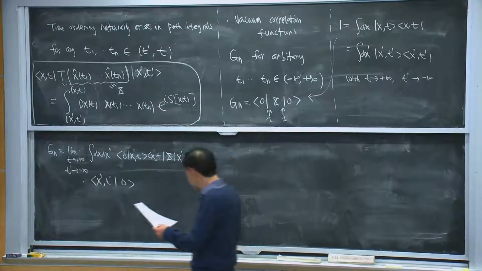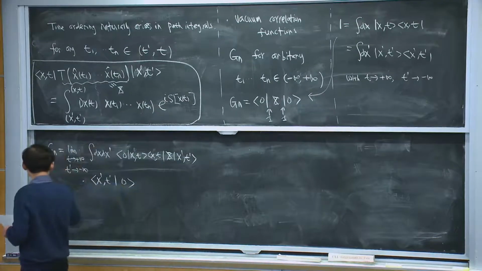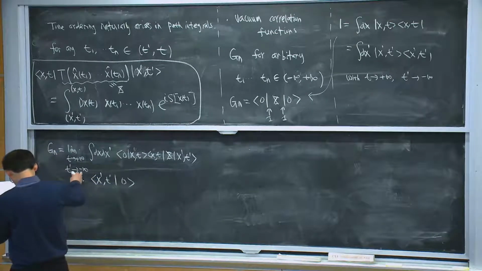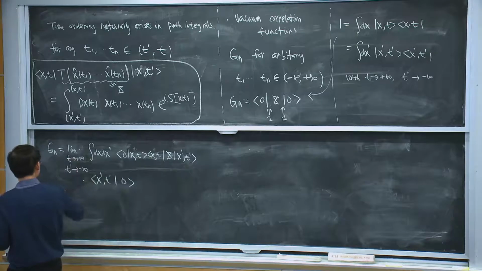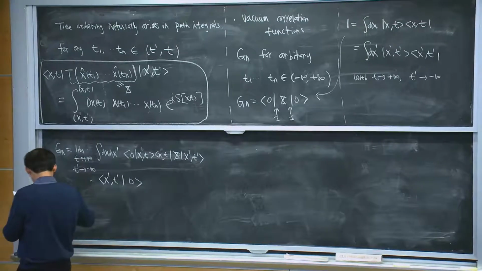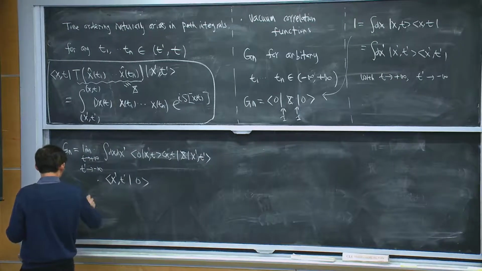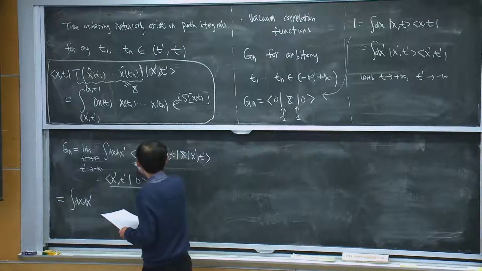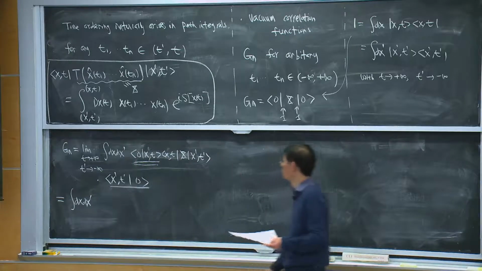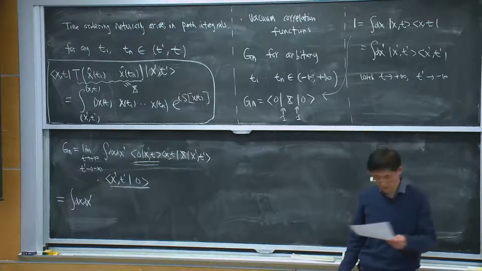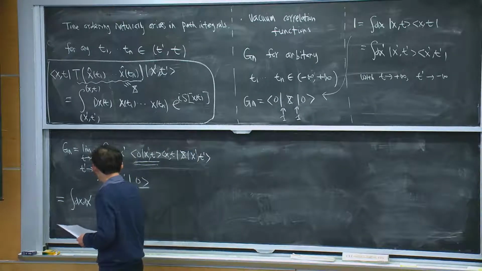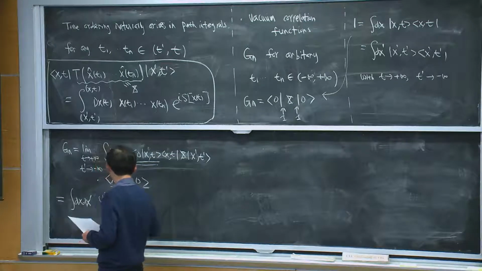So now these two are simple. Essentially they just become the vacuum wave function. So we have psi 0 star of x and psi 0 of x prime.